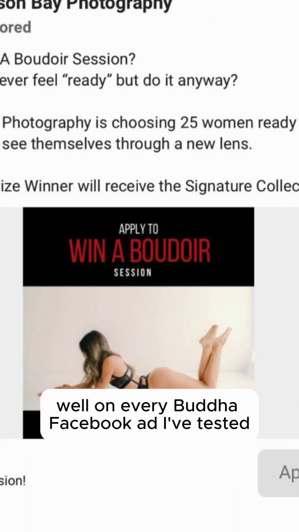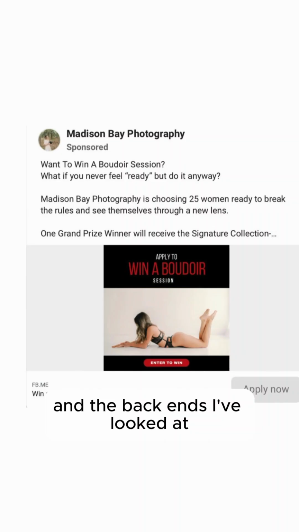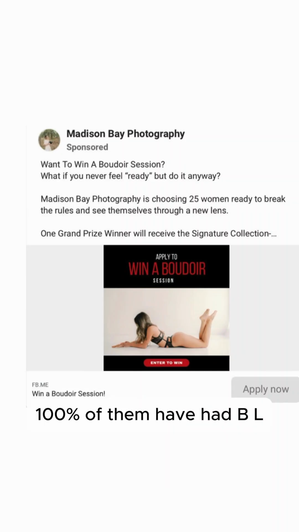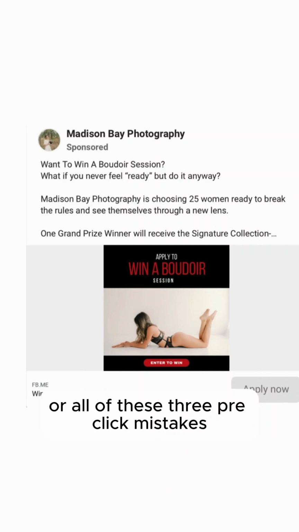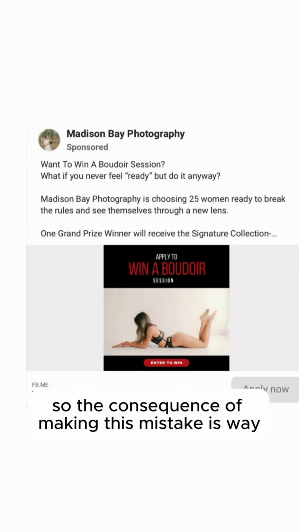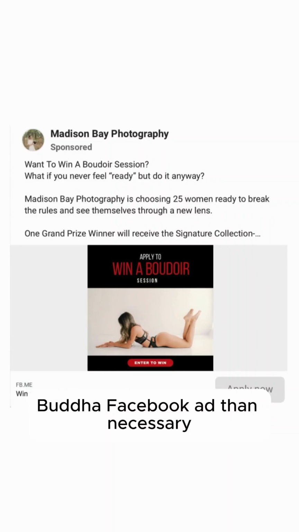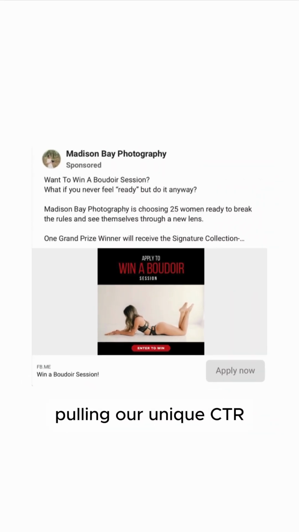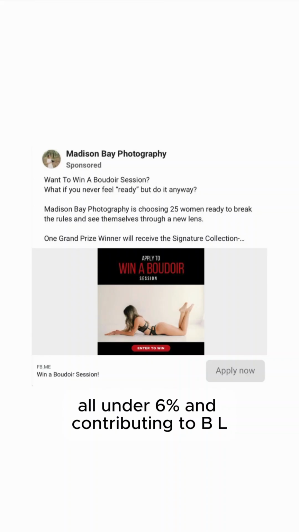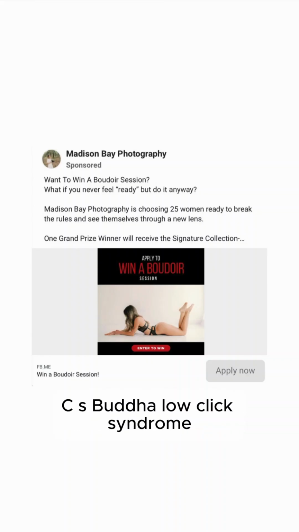Well, in every Boudoir Facebook ad I've tested and the backends I've looked at, 100% of them have had BLCS, Boudoir low click syndrome, because they're making some or all of these 3 pre-click mistakes. So the consequence of making this mistake is way, way, way more women scrolling by our Boudoir Facebook ad than necessary, pulling our unique CTR under 6% and contributing to BLCS, Boudoir low click syndrome.